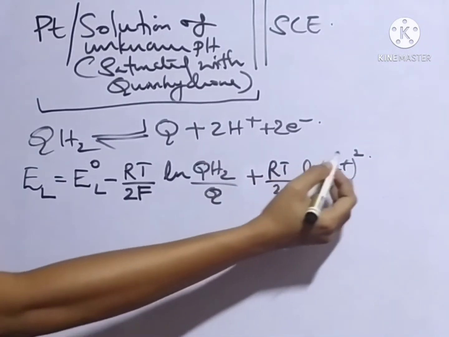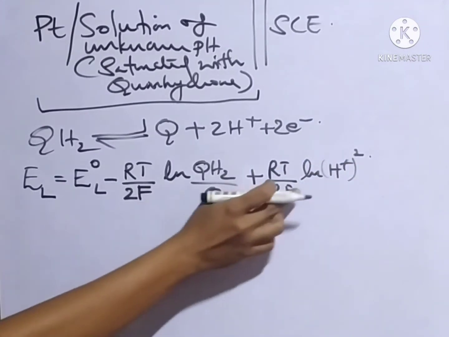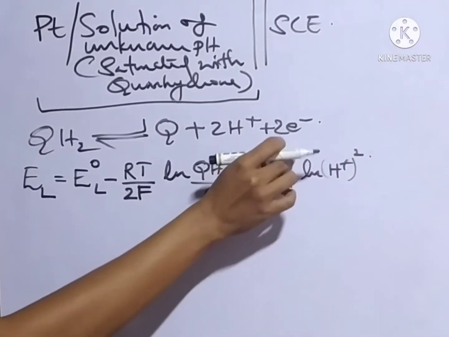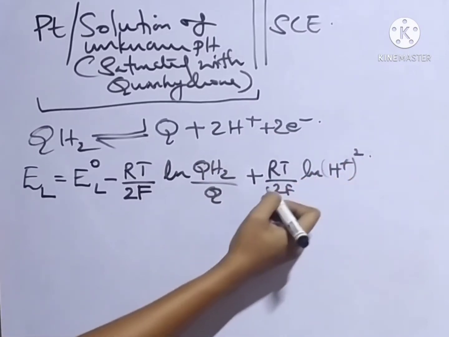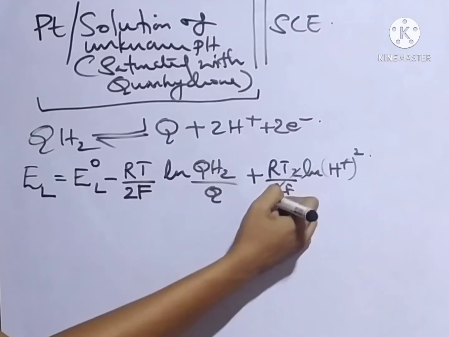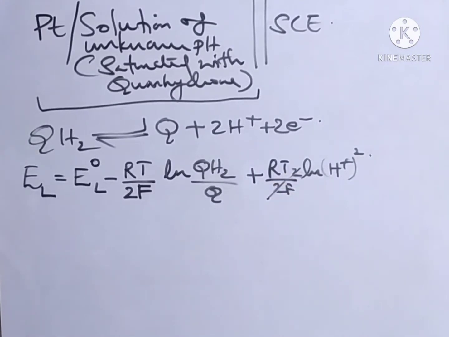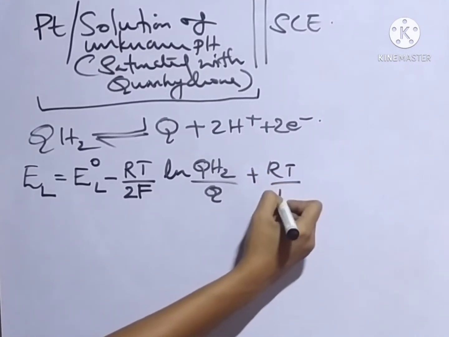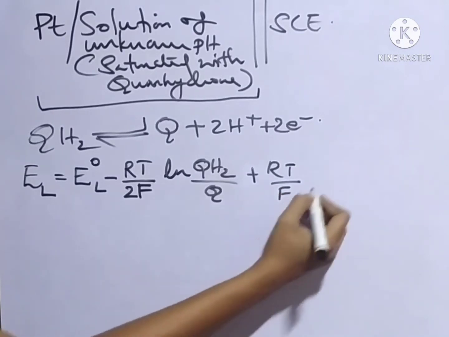But ln x raised to n equals n ln x, so this 2 will come down, and the 2 and 2 will cancel, and we will get RT by F ln H plus.